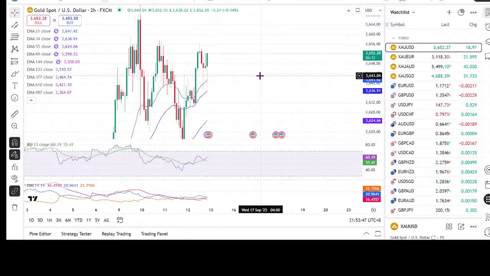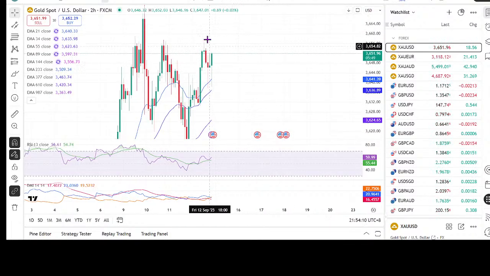Sometimes when we give a projection, we would also try to project the time. The time involved would be a big guidance for your trade. For instance, later I'll do a projection once this market closes.